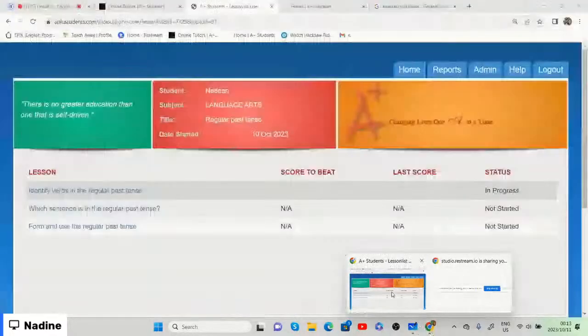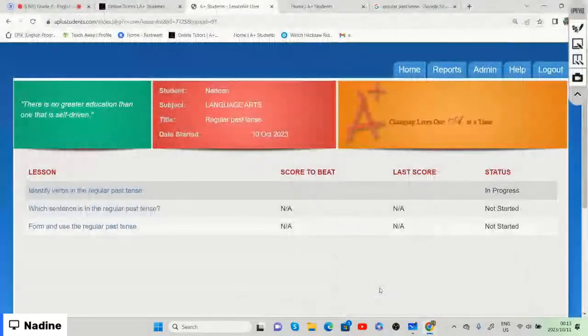All right, so now we're going to aplusstudents.ca. And we said our first lesson is to identify verbs in the regular past tense.